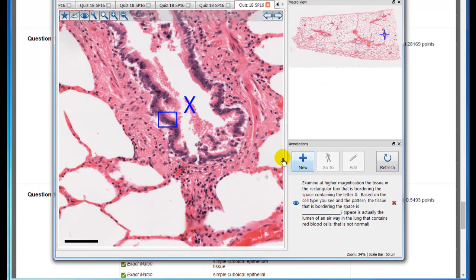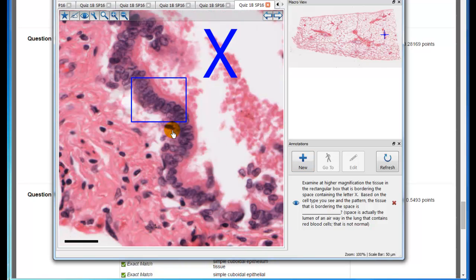This is the specimen, and if you enlarge that in the box, you can see that this is the limit of the cell up here, and this is the basement membrane here, and you can see these large oval-shaped nuclei, and there's only one layer. So the only possible type of epithelium is simple columnar epithelium.